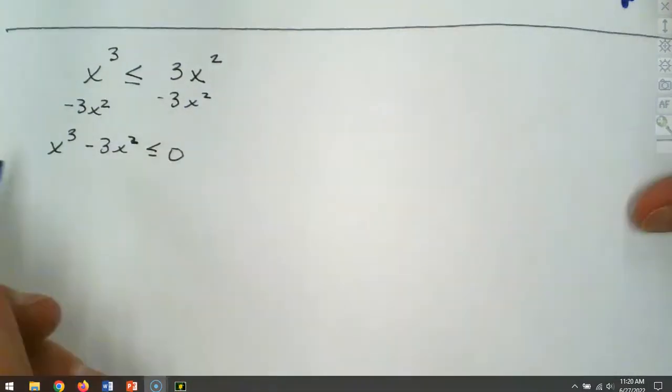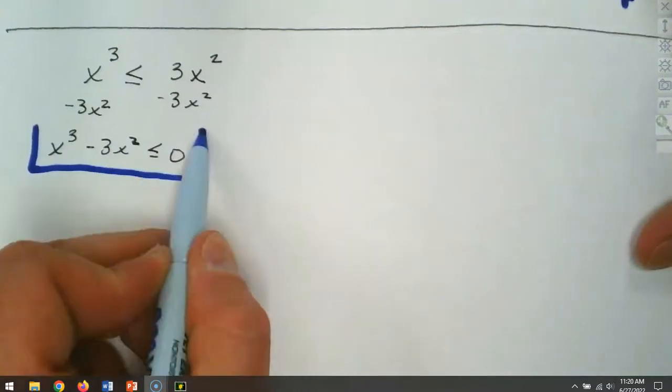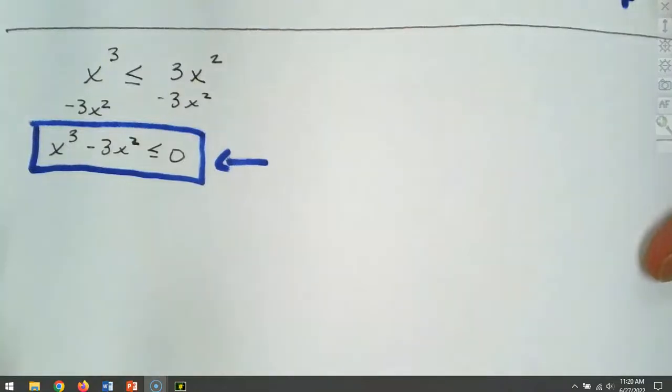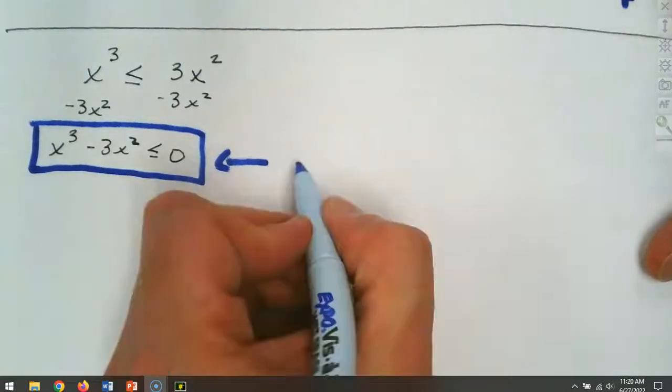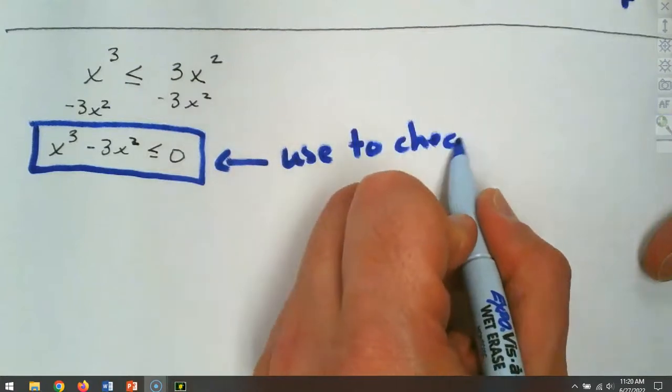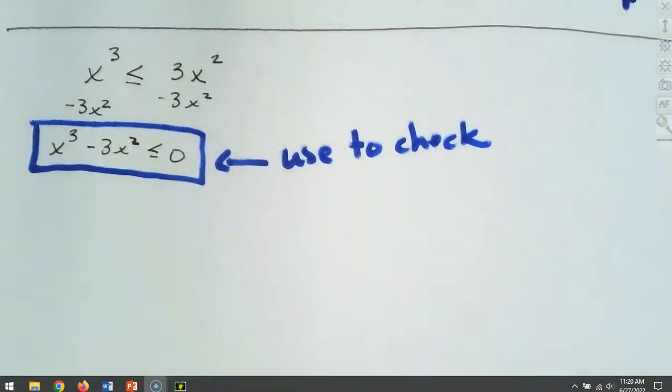And I'm going to box this because this is what I'm going to be checking it in. Okay, I can check it here. When it's equal to 0, that's going to be the easiest one to check. So we're going to be using that to check.